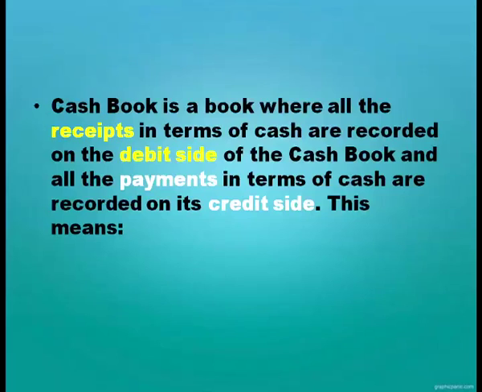The rule for the asset account is that an increase in asset is debited and a decrease in asset is credited. Cash book is a book where all receipts are recorded on the debit side and all payments are recorded on the credit side. Receipts mean cash receipts, and payments mean cash payments.